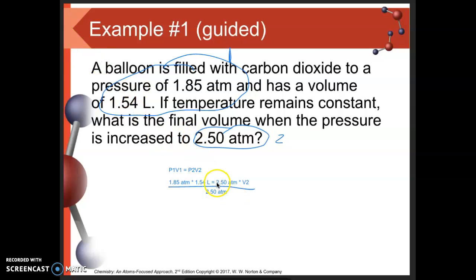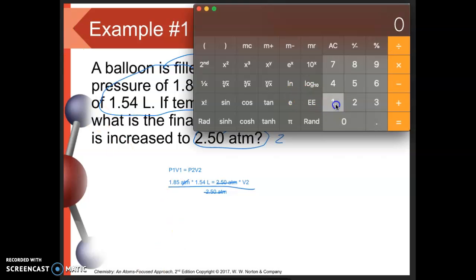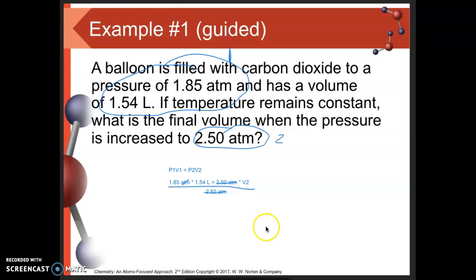That will get the 2.50 to cancel on the right hand side, and atmospheres to cancel on the left hand side. Now I set up and I do my calculation. I got my calculator out here, 1.85 multiplied by 1.54 divided by 2.50. To 3 significant figures, I get 1.14 liters. So 1.14 liters is my secondary volume.